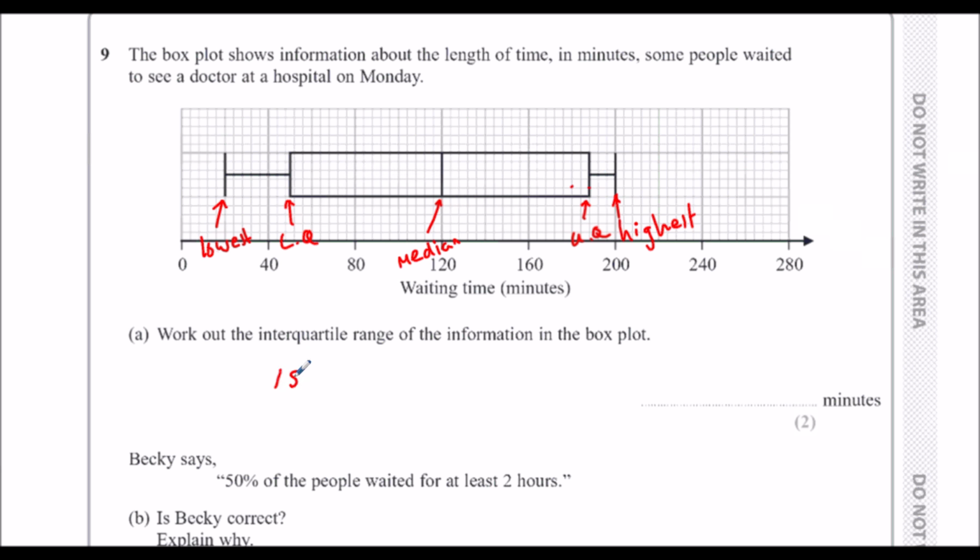So the upper quartile is 188. The lower quartile is exactly halfway between 40 and 60, so it must be at 50. So the interquartile range is 188, take away 50, which is 138 minutes.